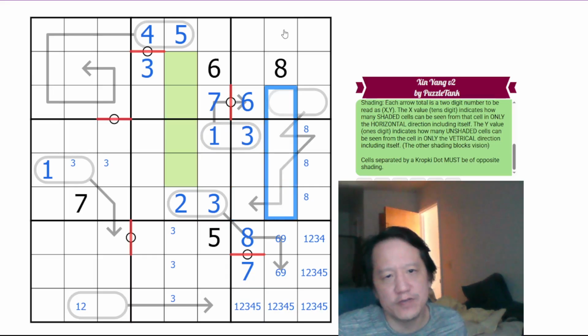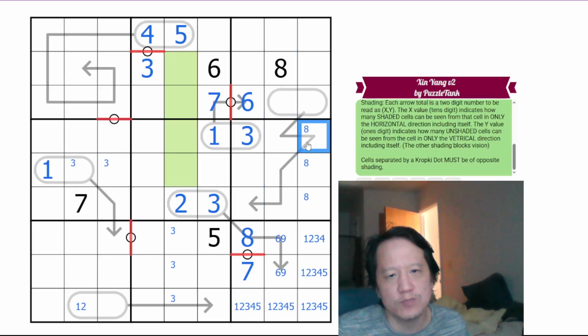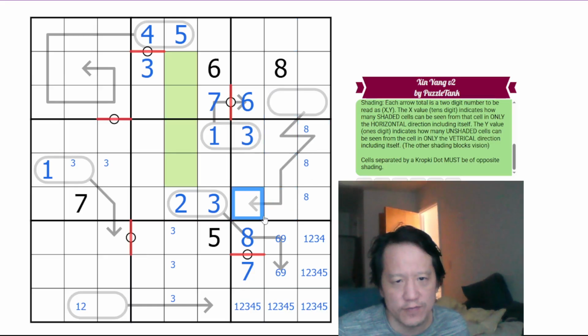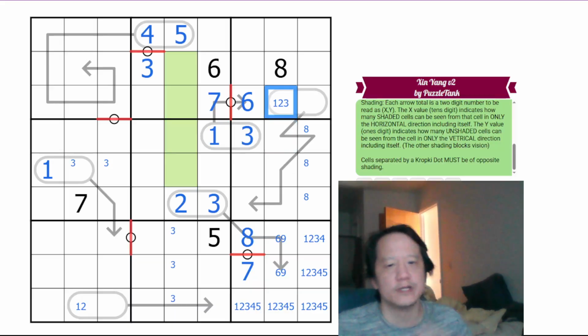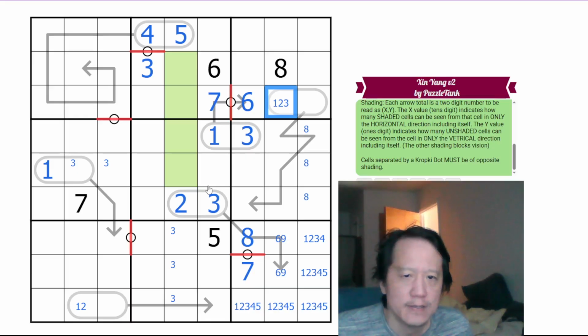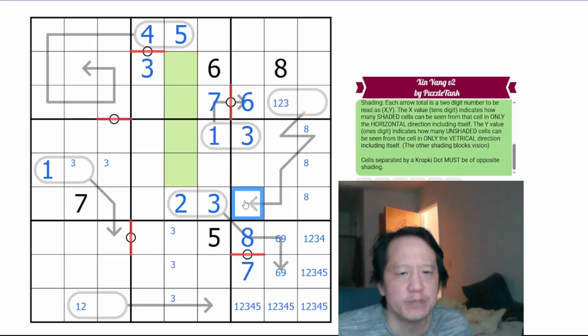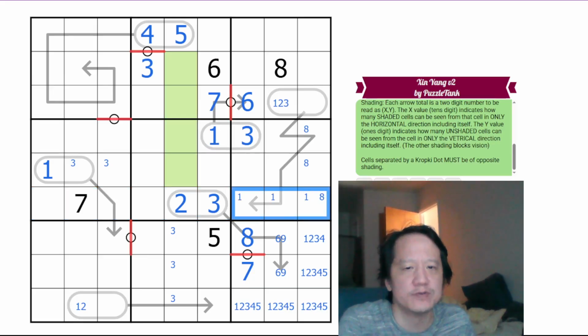Remaining digits of column, this is 1, 2, 3, 4, 5. So this adds up to 30-something at most, 35 at most. So this is 1, 2, or 3. 1 in row 6 cannot be here because of 1's in the boxes, so 1 has to be one of those 3.